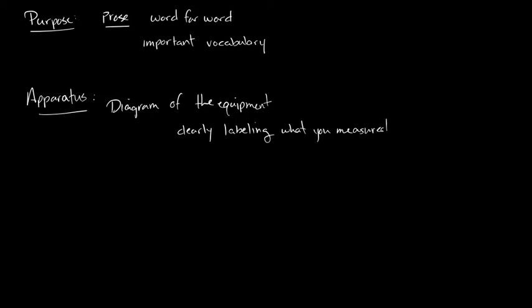I want a diagram of the equipment that clearly labels what you measured. So any value that is measured, you need to have indicated it in your diagram. So there's going to be 2 diagrams, one for each part of the lab, with a clear indication of what you measured. If that requires that you put a sentence or 2 in there, that's fine.